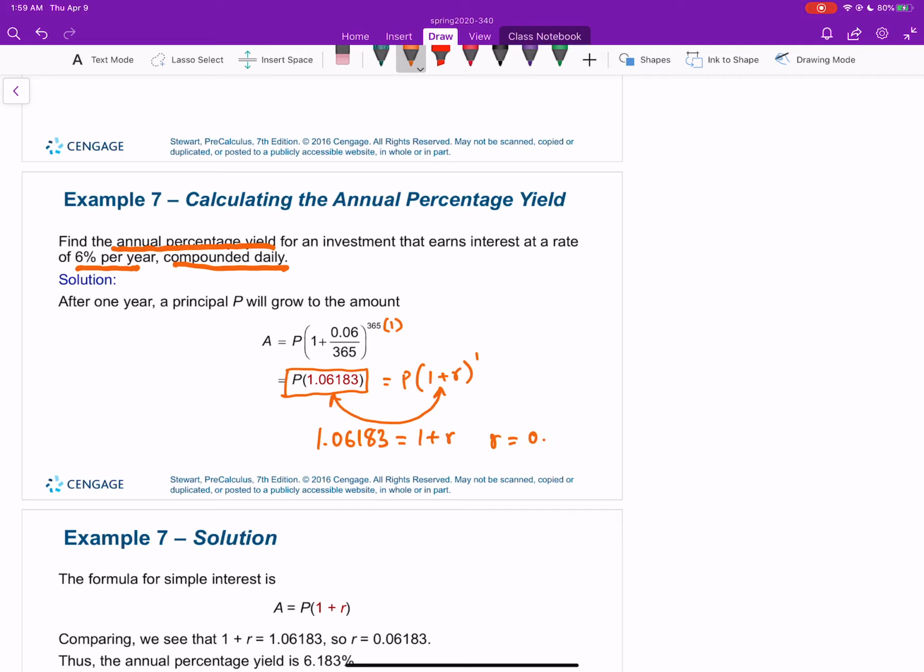R is going to be 0.0618, which is equal to 6.18%. So if you compounded daily, really your interest wasn't 6%. It was what? It was 6.18%. All right. In comparison with you doing it on an annual basis, this is the interest rate that was really working for you for that investment.